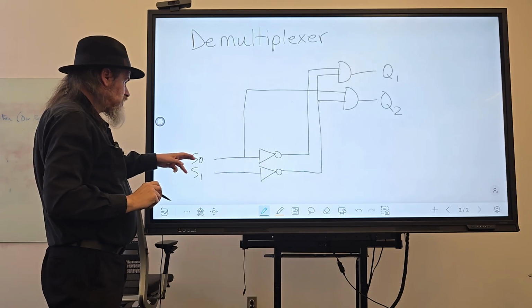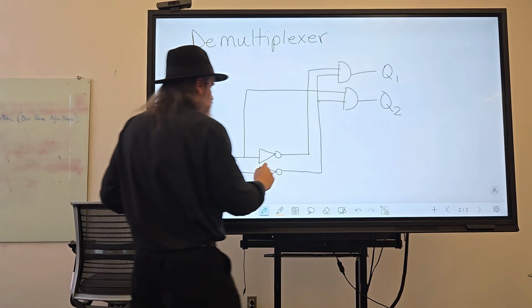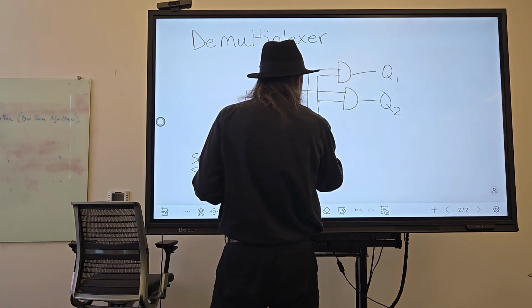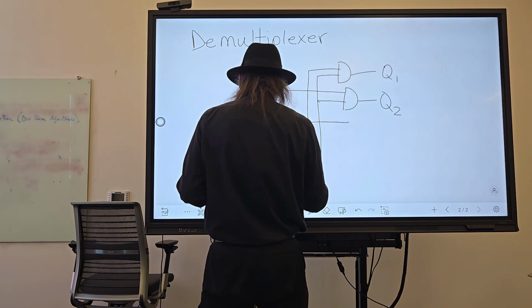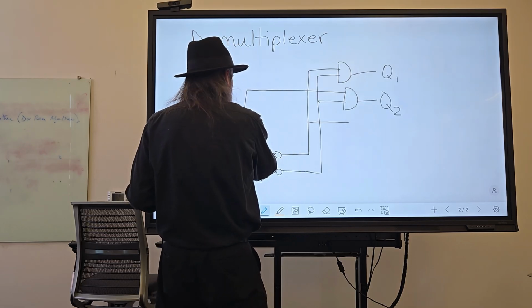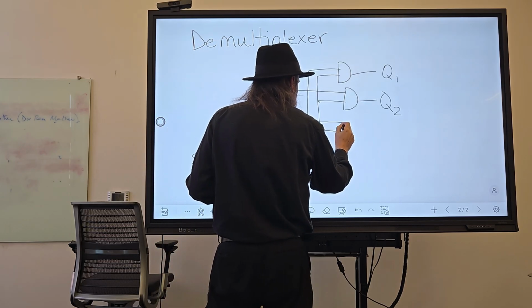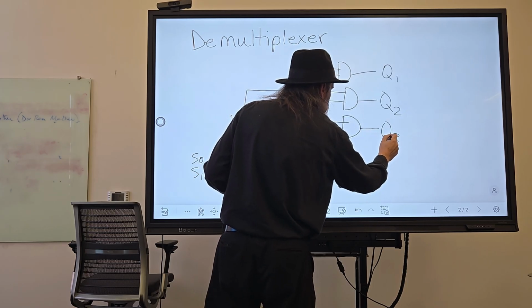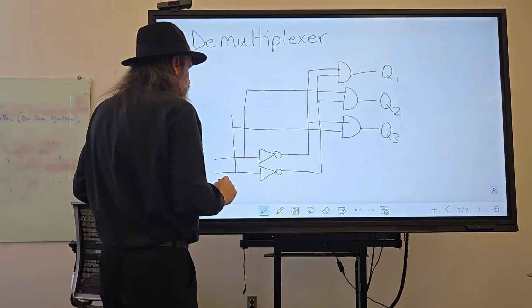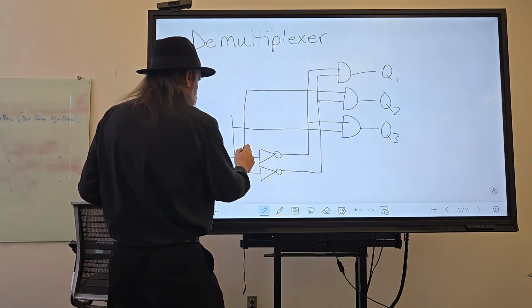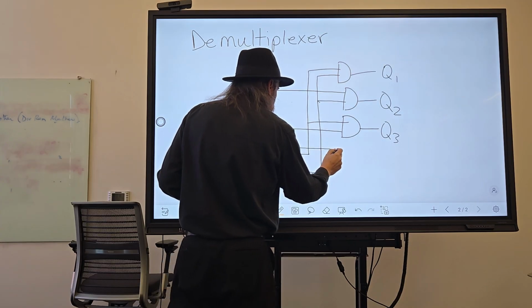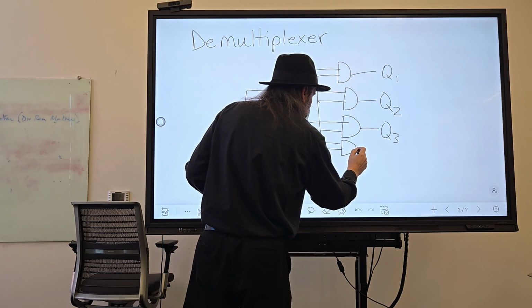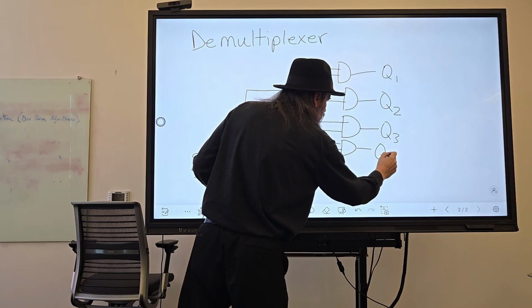1, 0 would be Q3. And then finally 1, 1 would be Q4.